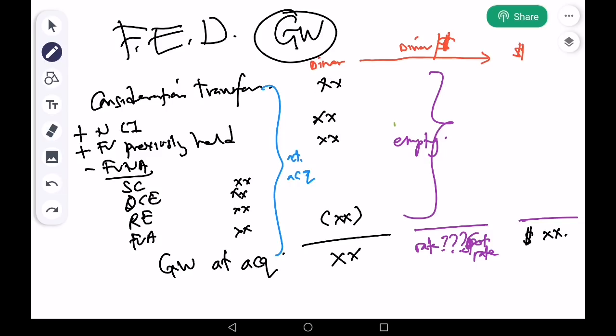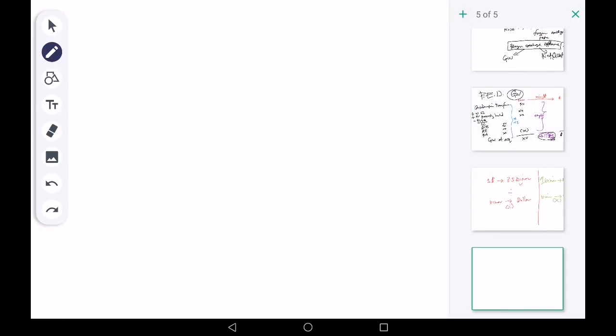Okay. Once done, class, I continue. So where can you get this, class? Based on the given data. You need to know the spot rate at the date of acquisition. The spot rate at the date of acquisition. Okay. Once you get your goodwill at acquisition in dinar, this is your rate, and this is in the dollar sign.